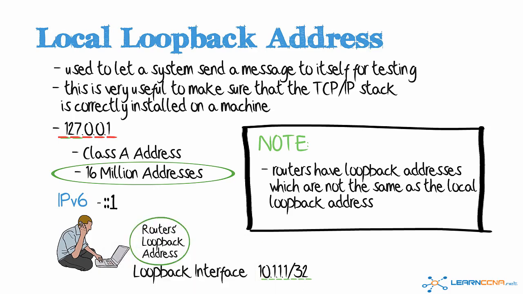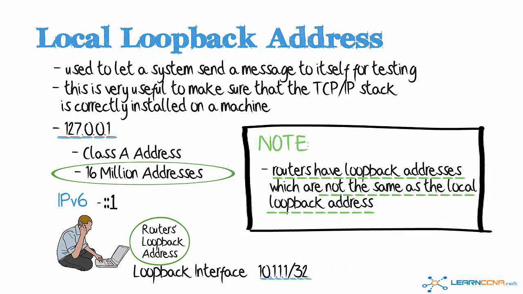But network engineers may refer to the router's loopback IP address, and they are referring to this IP address and not 127.0.0.1. I will explain, as I've mentioned, in a moment, what a network mask does, but what I'd like to point out here is that routers and switches have separate loopback addresses which are different to the local loopback address that we're discussing now.